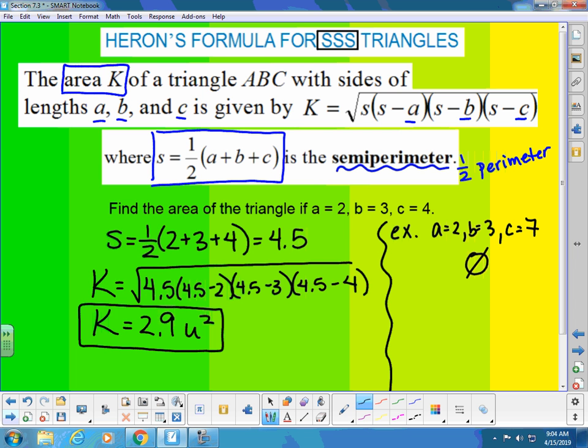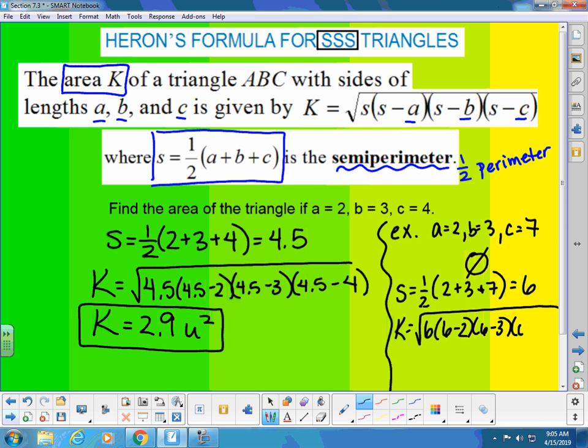Let's say you don't notice that originally and you go ahead and start to use Heron's formula. I would do first my semi-perimeter, which is 1/2 times 2 plus 3 plus 7, which is 12 times 1/2, 6. Setting up my formula, I'm going to have 6 and then 6 minus each side length. 6 minus 2, 6 minus 3, 6 minus 7.